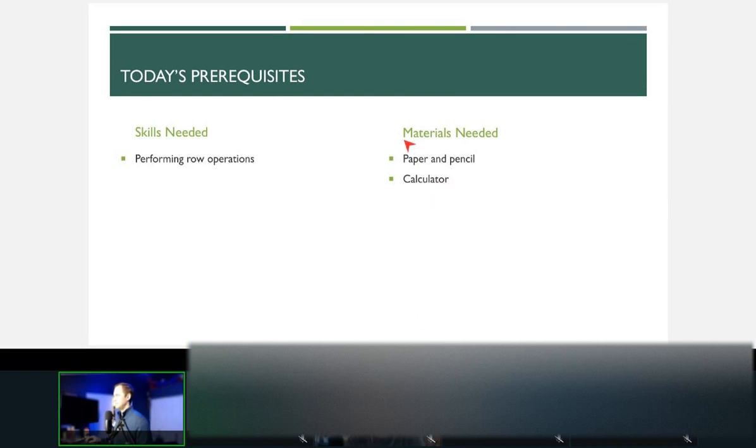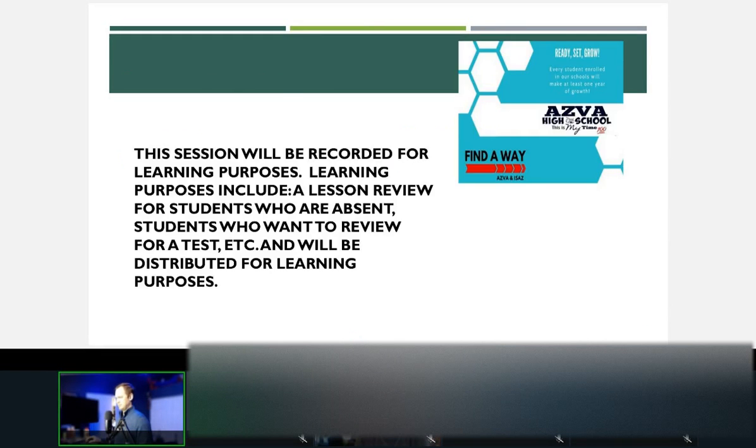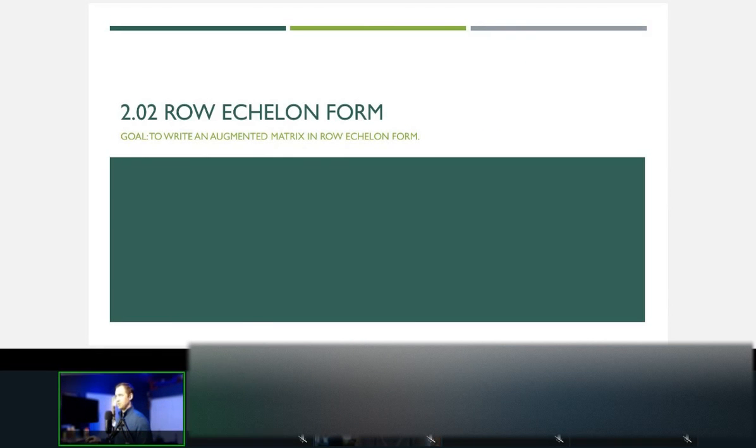All right, you need lots of paper today, pencil, calculator. And of course, we need to know Friday's lesson. We need to know how to use performing row operations. We definitely need to know how to do that. So that was Friday's lesson. Again, today is Monday, September the 20th. This is day 2 of our 2.02.